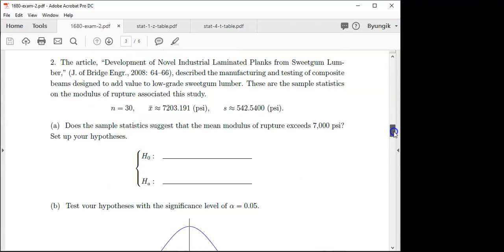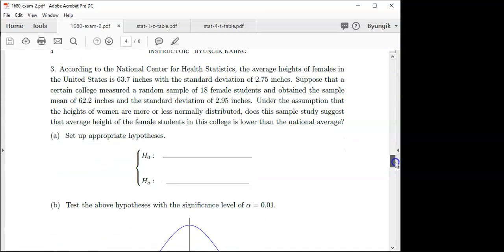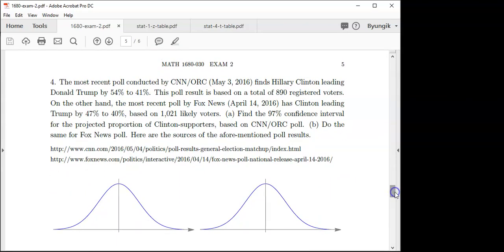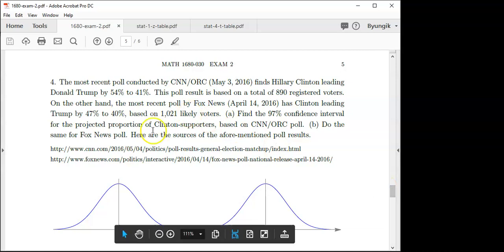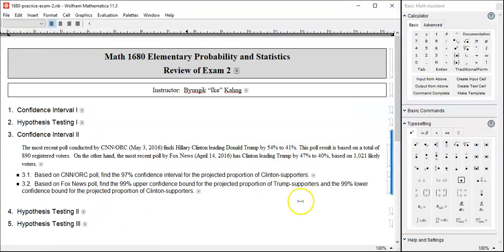This is the original problem. And by the way, here are the sources if you're interested. Okay, let's go to the problem.